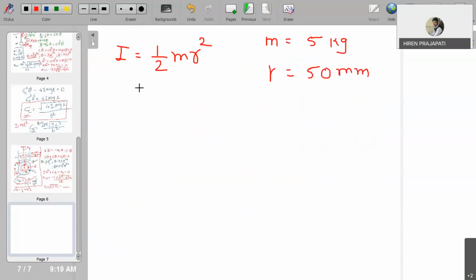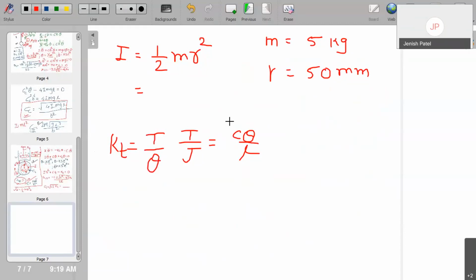Then you can find out what is I. Similarly, what is kt? If you recall, T by J equals C theta by L. This is the torsion equation. Then what is kt? Kt is T by theta. So form T by theta from this equation.